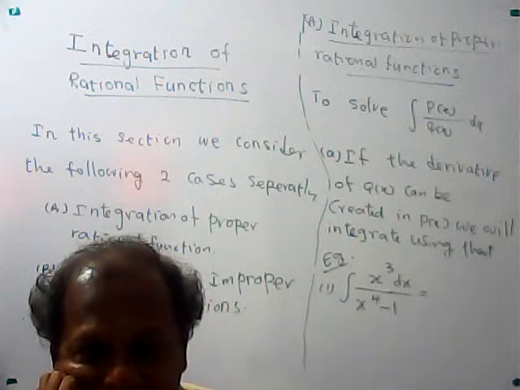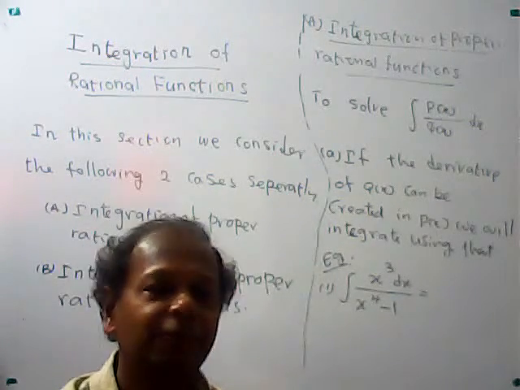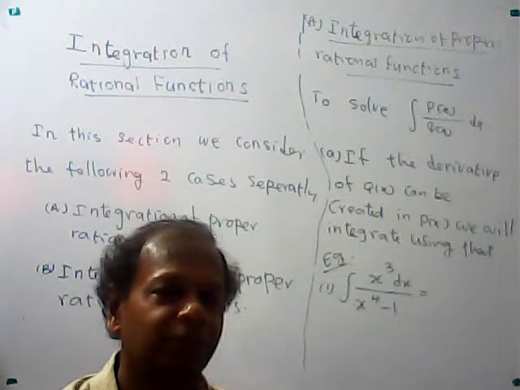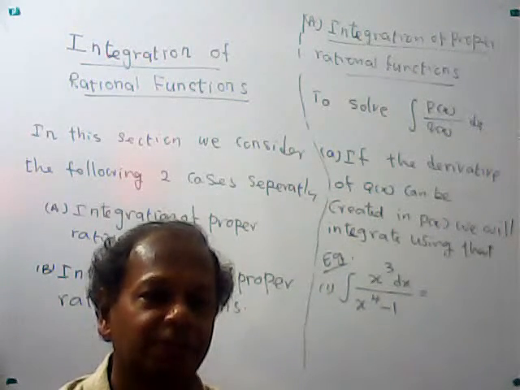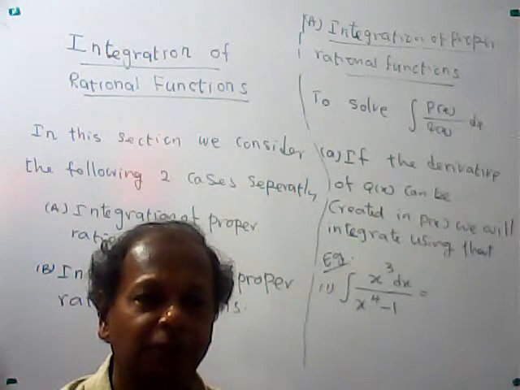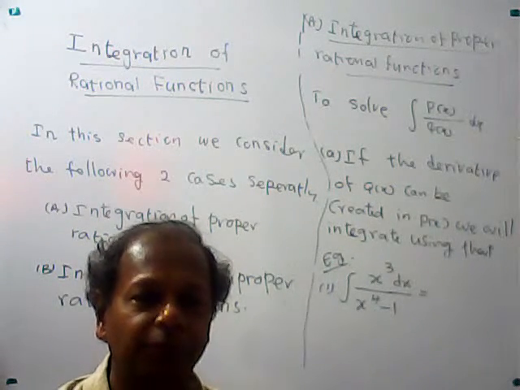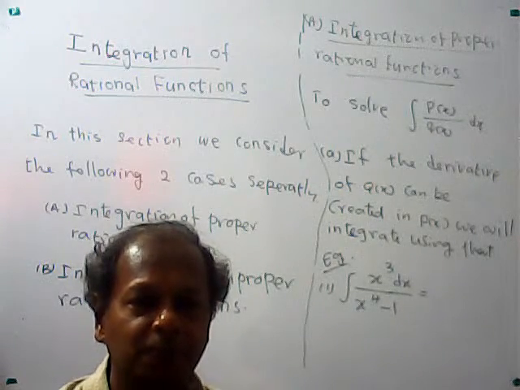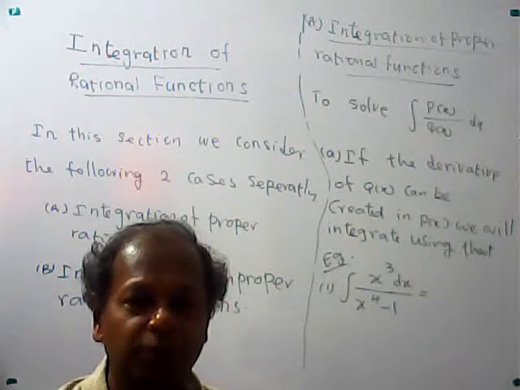To integrate this, you should see it. It takes only three or four seconds to finish it. Give the complete answer. What do you do? X cube over x to the power 4 minus 1.